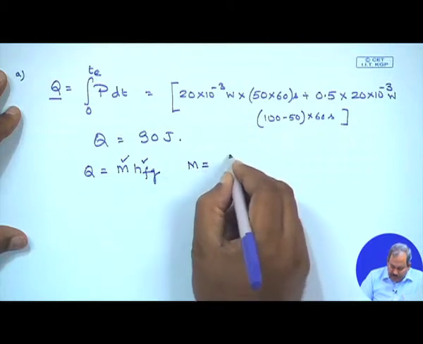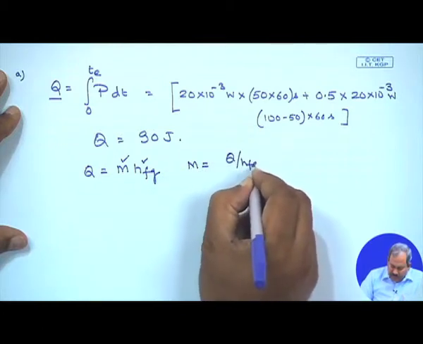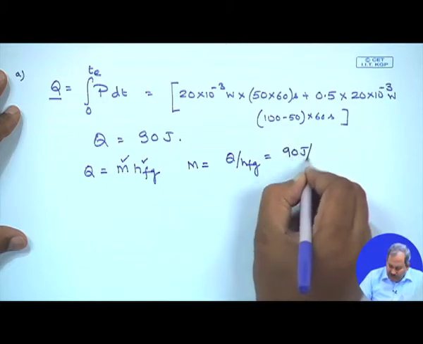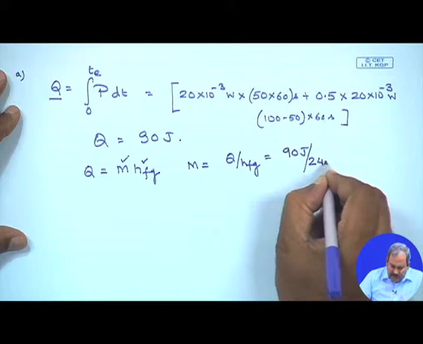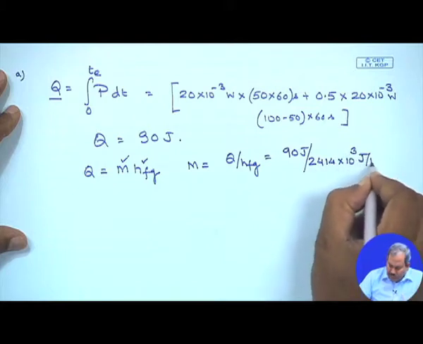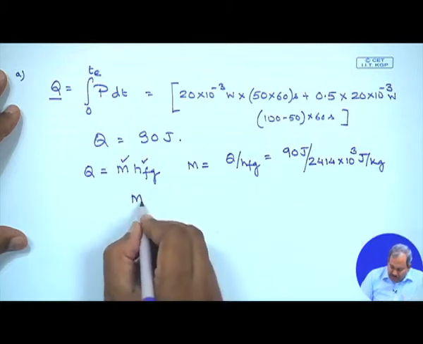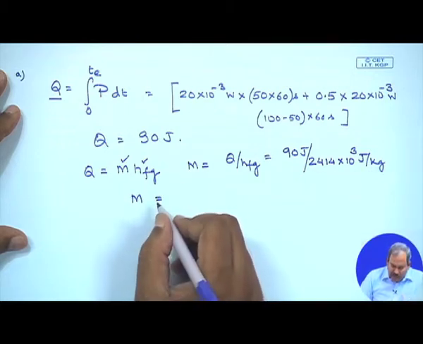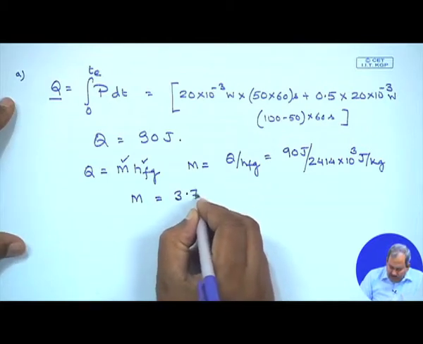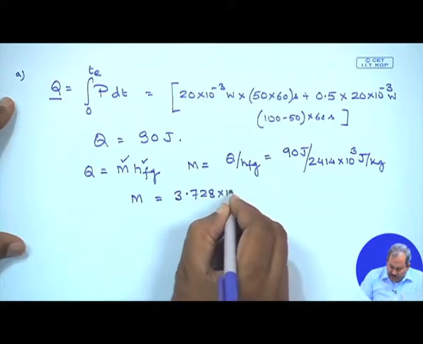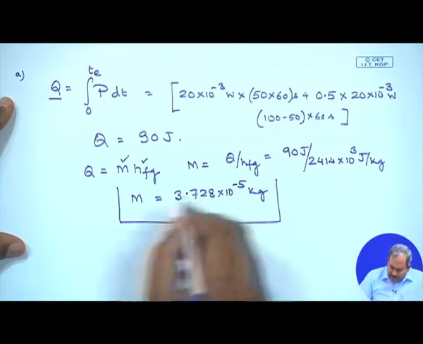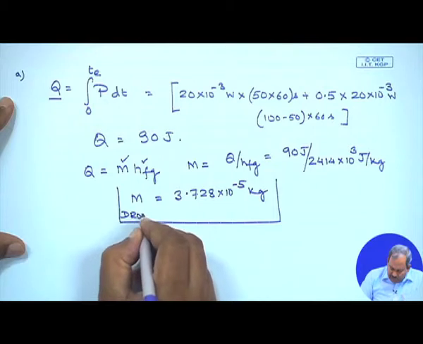So, your M is simply Q by hfg, and Q is 90 joules divided by hfg, which is provided as 2414 into 10 to the power 3 joule per kg, which would give you the mass of the droplet equal to 3.728 into 10 to the power minus 5 kg. So, this is the mass of the droplet.